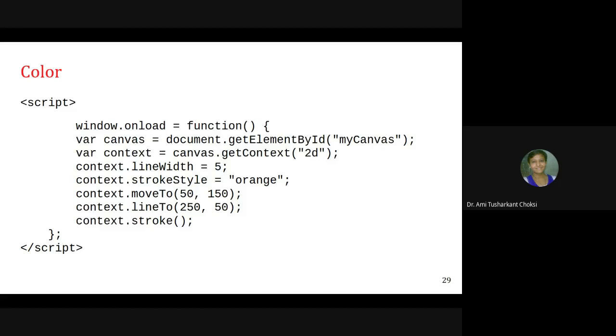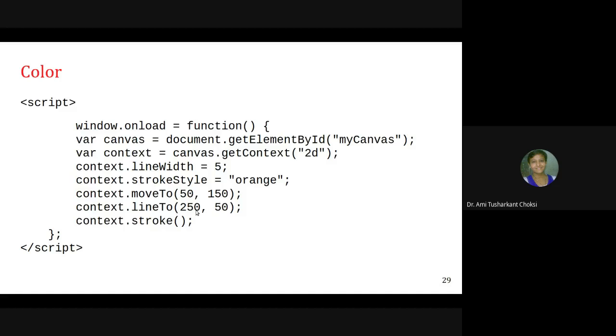So let's see. Context dot lineWidth. We are specifying the width of a line. We are specifying the color with context dot strokeStyle, and that is equal to orange. Context dot moveTo a particular location.